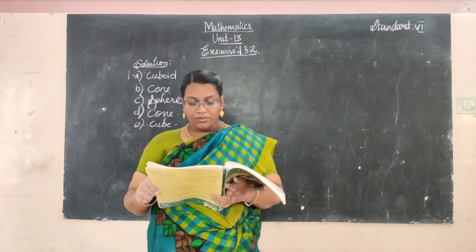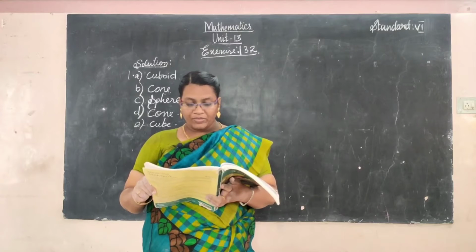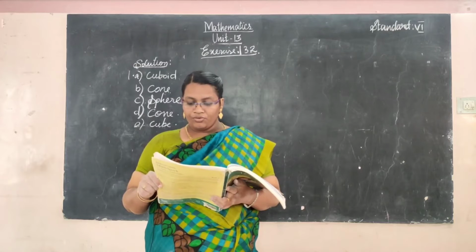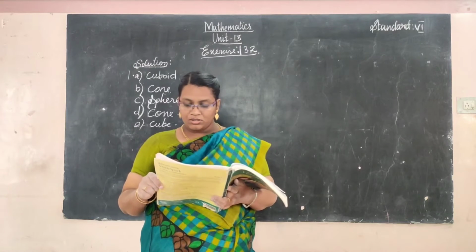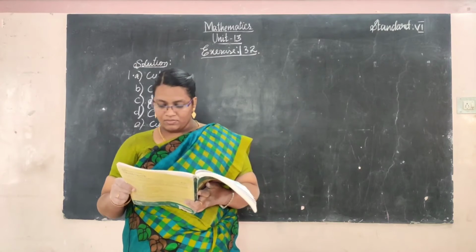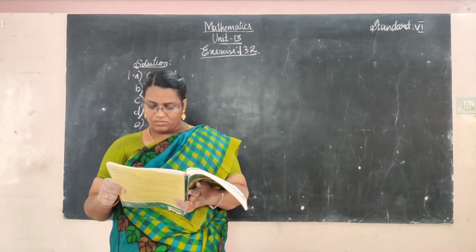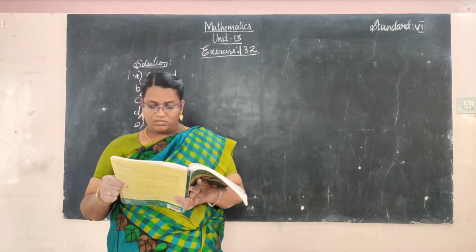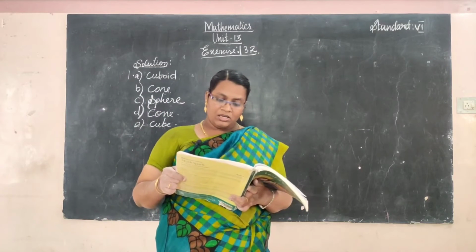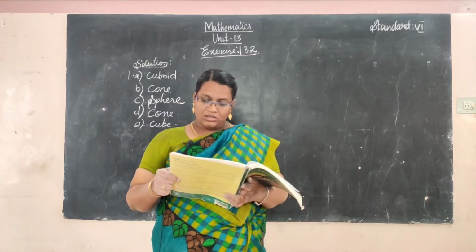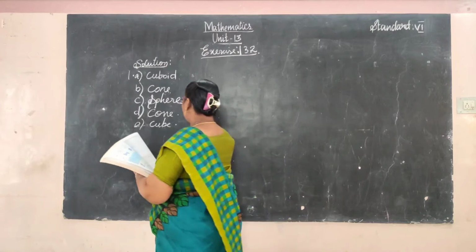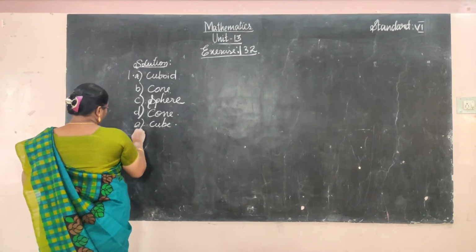And fourth one, draw the tetrahedron and label it. Write the number of faces and vertices. So tetrahedron and label it the vertices.